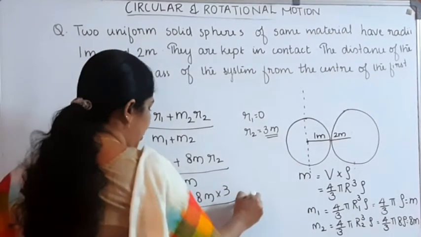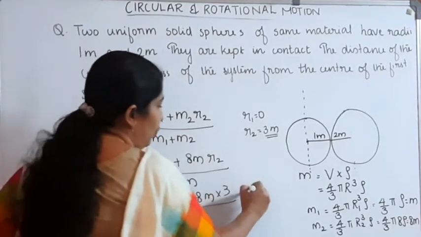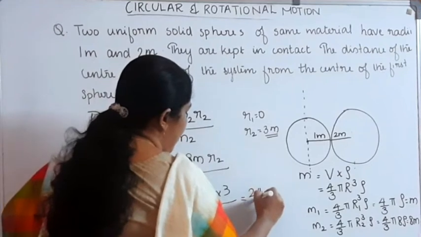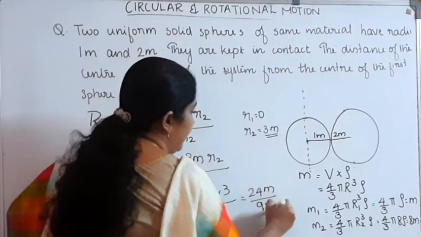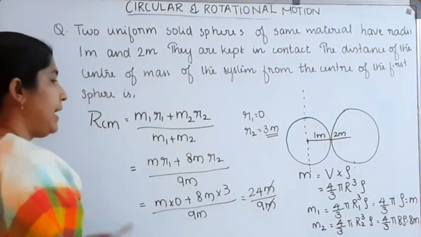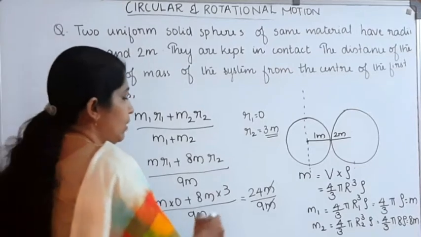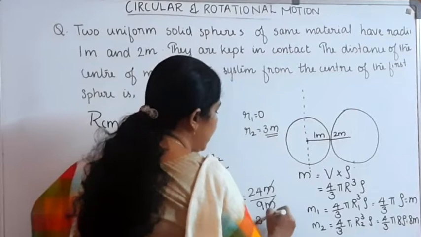That is equal to 8 into 3, 24, so 24M divided by 9M. M gets cancelled. 24 divided by 9 is approximately equal to 2.67.